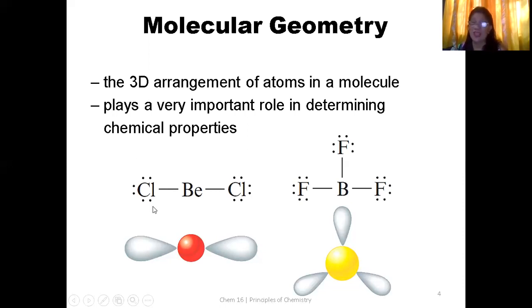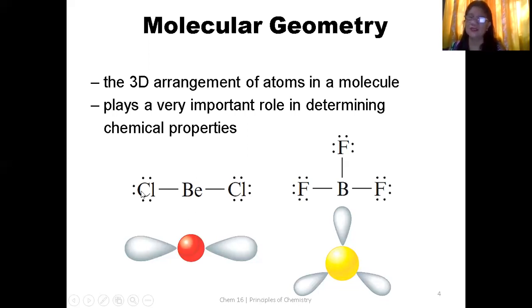As I have said, it should be 8, so there will be 2 more electrons here. Same thing here with boron, that is boron trifluoride, therefore there will be 1 lone pair. What do you mean by lone pair? A lone pair is one which is not attached to another atom. So there will be 2 lone pairs here in beryllium.